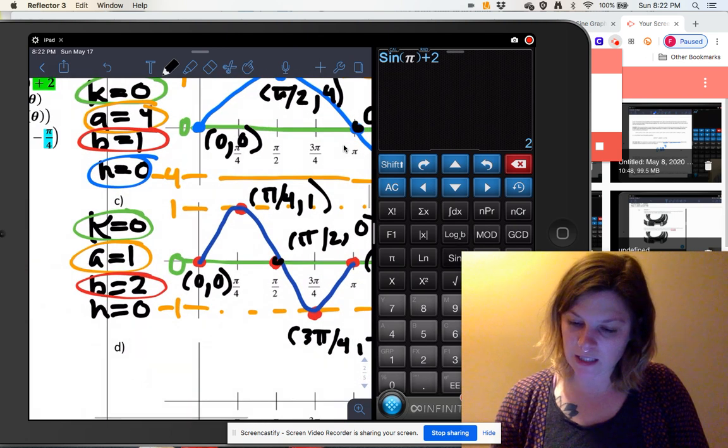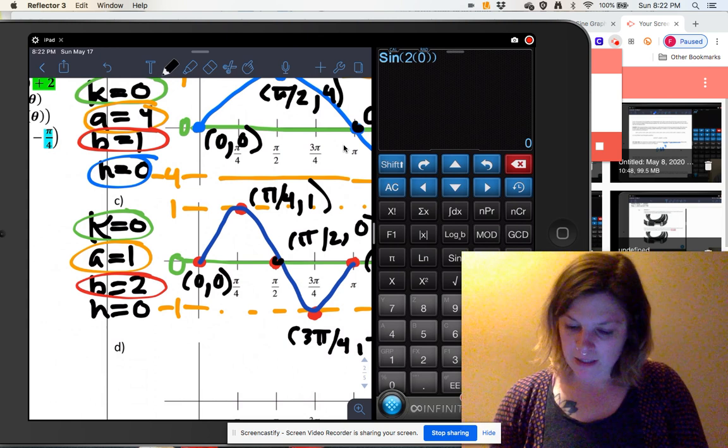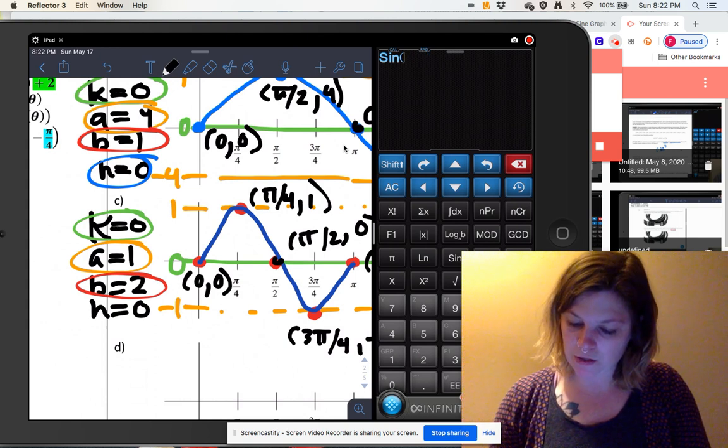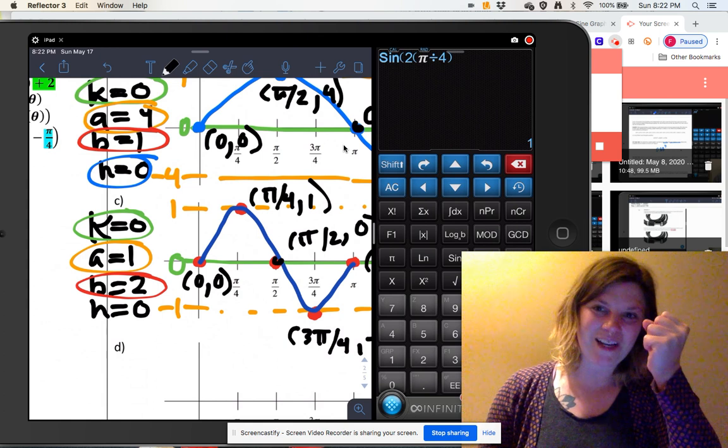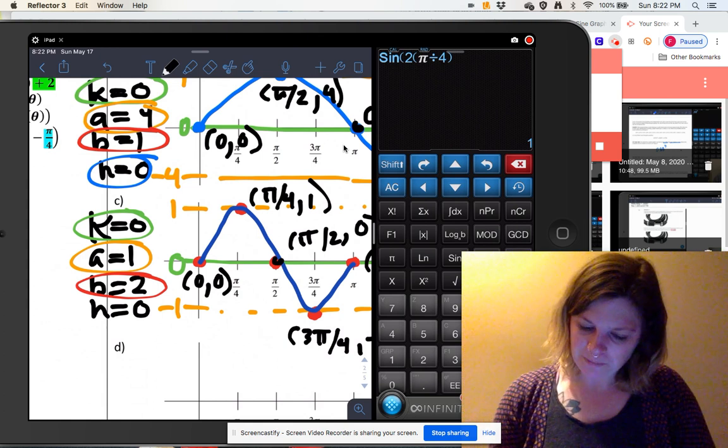We're going to say sine of 2 times our first angle, which is 0. 0, good, we got that one right. Let's do sine of 2 times pi over 4. Hopefully it's a 1. Cross your fingers. Yeah, we got it.